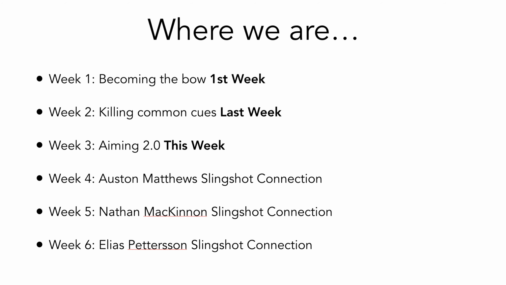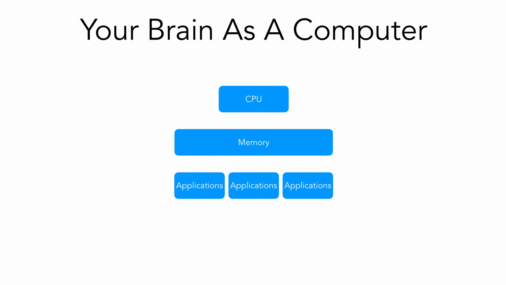introduce this new concept called aiming 2.0, and we're going to use an analogy here to illustrate this idea in a way that makes sense. So we all know computers, right? And with a computer, what you typically have is a central processing unit. For lack of a better term, that's what we'll call our brain, right?